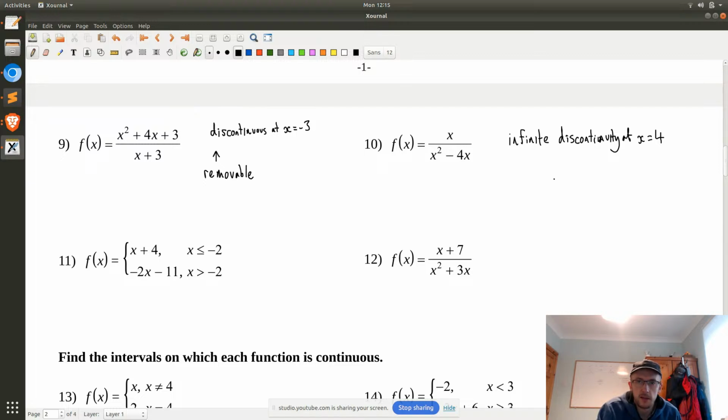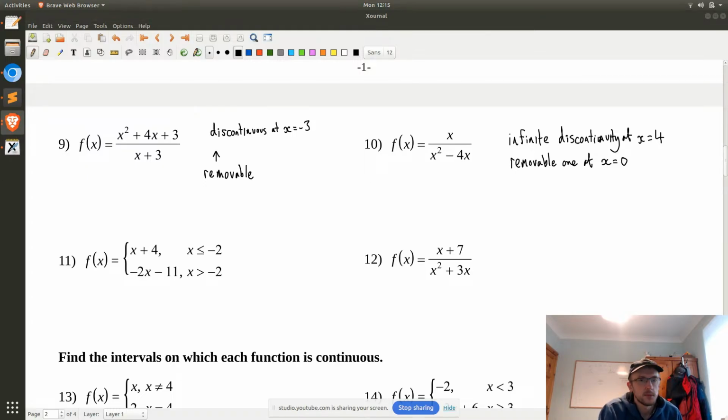What happens at x equals 0? Well, for the cancelled factor on the top and the bottom, that's where you get the removable discontinuity, I believe.